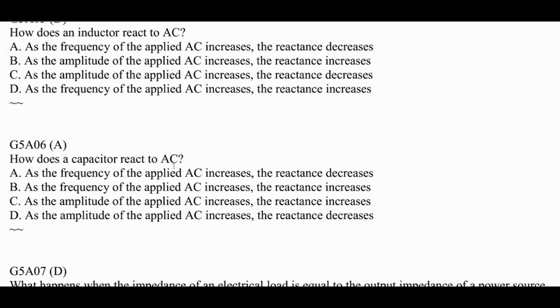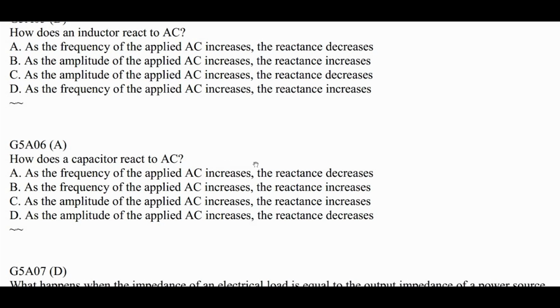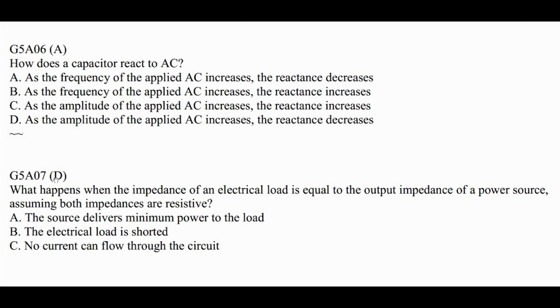It's A. As the frequency of the applied AC increases, the reactance with a capacitor decreases. They work in opposition to each other, so it's a little bit confusing, but as the frequency of the signal increases with capacitor reactance, the reactance decreases as it goes up in frequency.